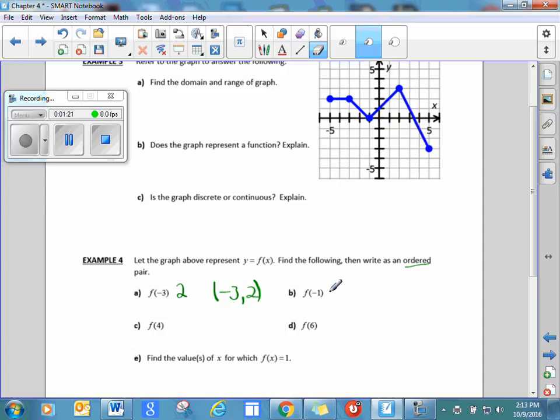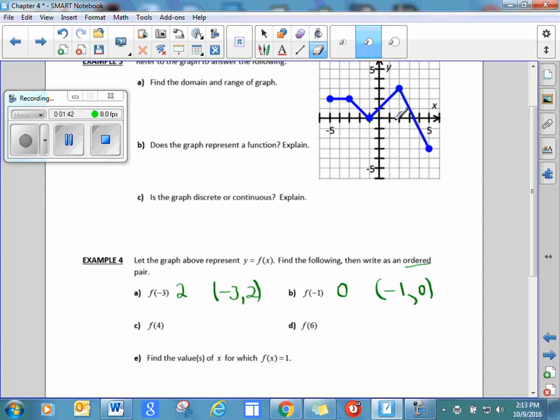All right, when x is -1, go over here. There's x of -1. We don't have to move up or down to get the Y value. It's sitting right there at 0. So our ordered pair would be -1 and 0. This one, f of +4.